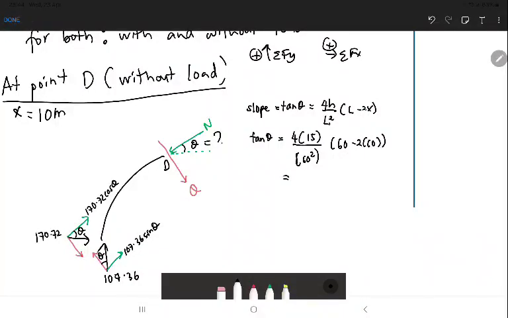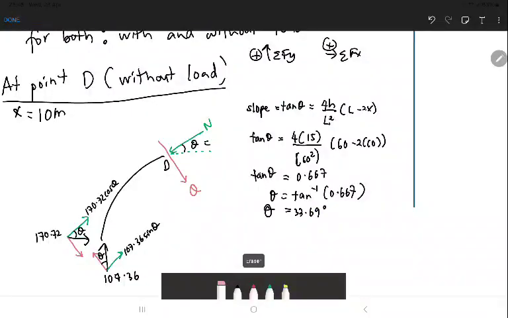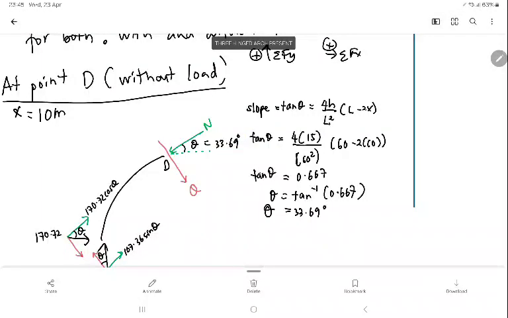So tan theta is equal to 0.667. So theta is equal to tan inverse 0.667, you get theta is equal to 33.69 degree. Okay, so then you can resolve it for N and Q.